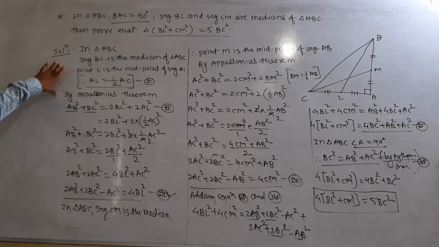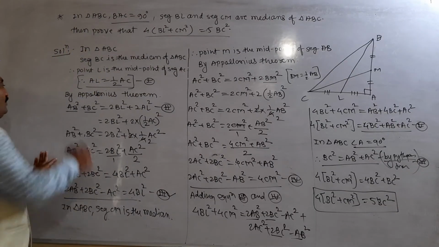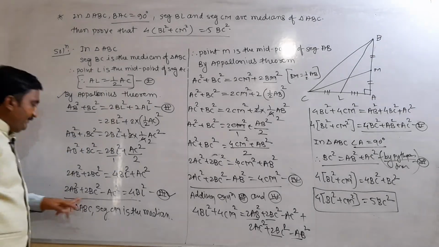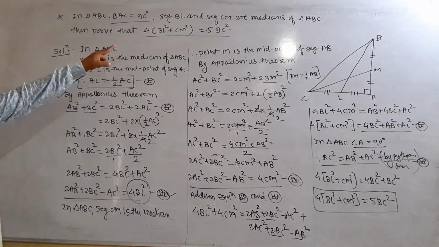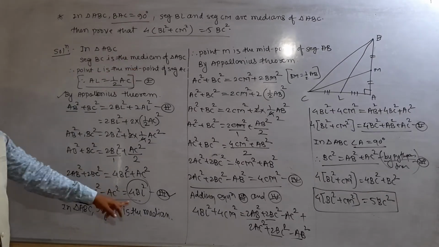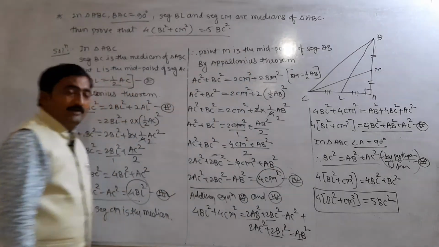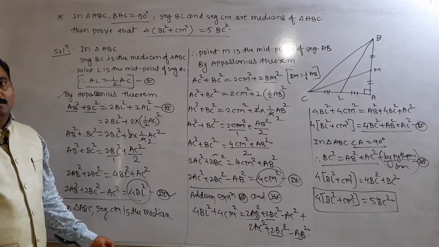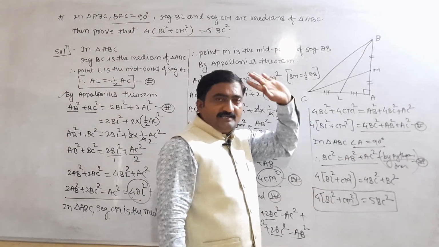First, in triangle ABC, segment BC is the median. Using this, we have to use Apollonius theorem and calculate BL square, and then CM square. By adding these two, the last condition is 4BC square plus AB square plus AC square.